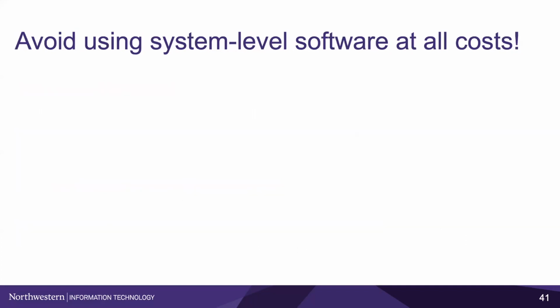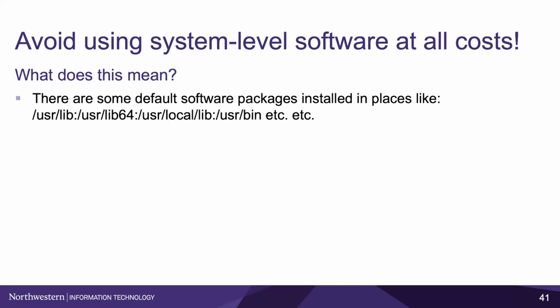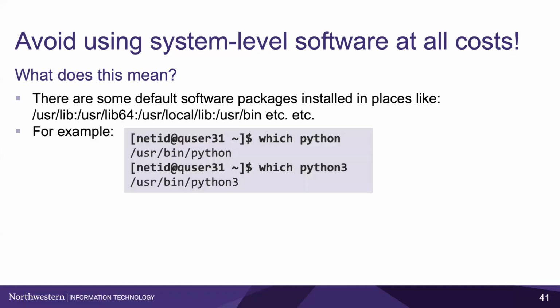Now, before we get into the three methods that I just mentioned, I wanted to note one thing, which is that you should avoid using system-level software at all costs. As a little bit of background, there are some default software packages installed in places like the directories that I listed here. For example, if you log into Quest and type which python, this is a command that asks Quest, which Python am I pointing to right now?